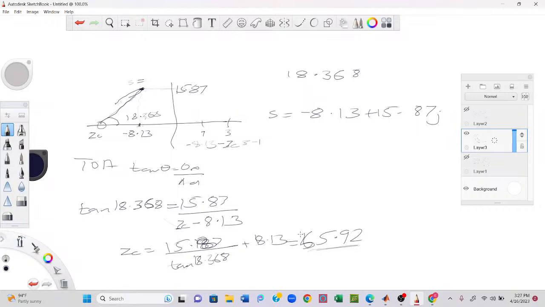Sorry, calculator error. I think it's 5.92. That'll be your position of your zero.